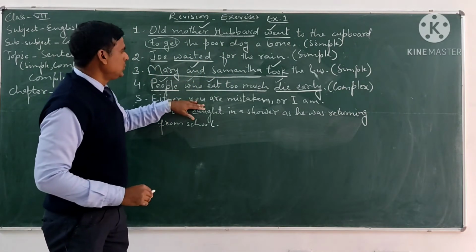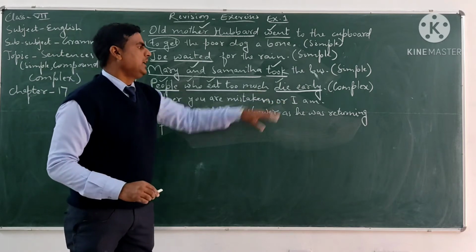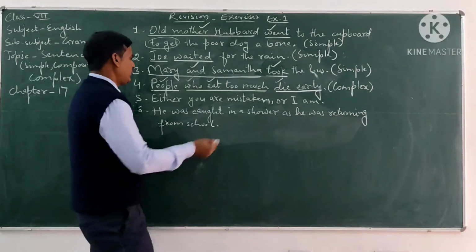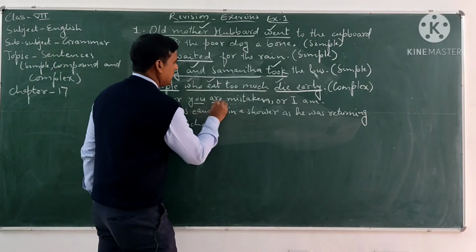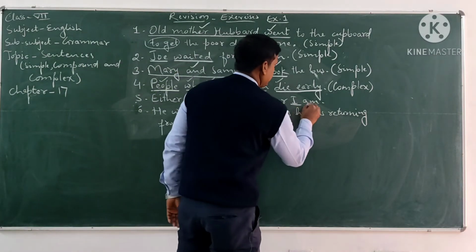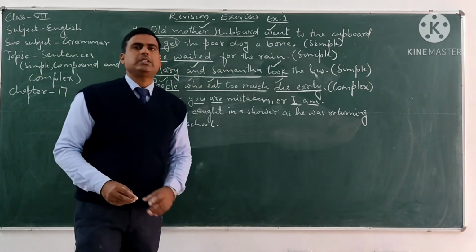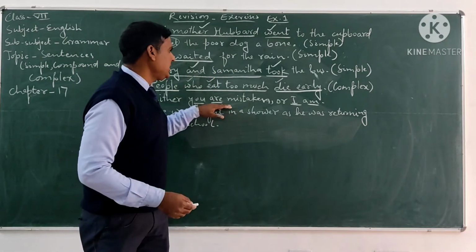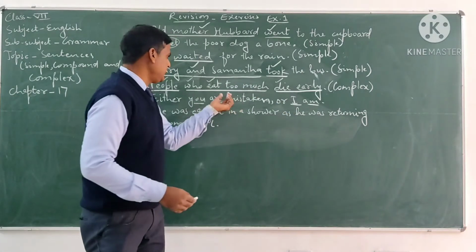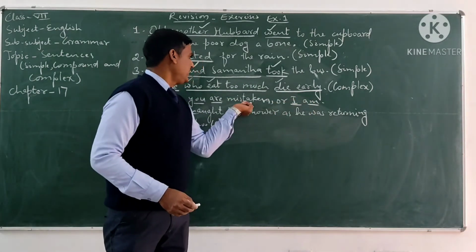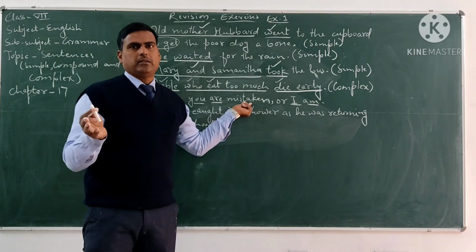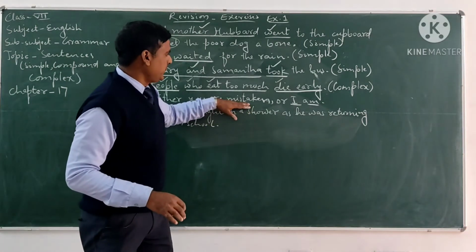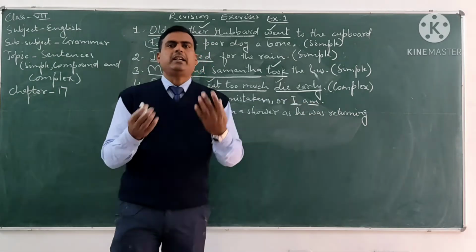Now see the next one. Either you are mistaken or I am. Here are two sentences: one is you are, and the other is I am. But these two sentences are of equal rank. For example, you are mistaken, I am mistaken. Mistaken is left out because if we have to repeat a word, we leave that word.